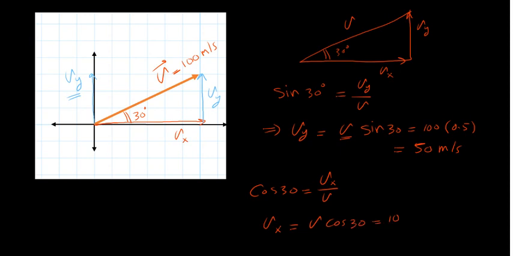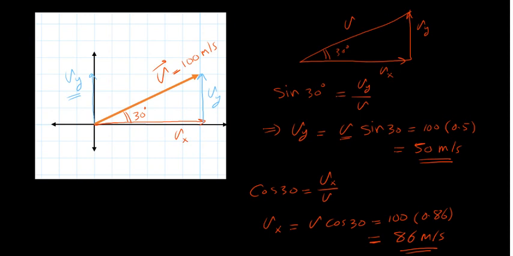Once again, it's 100 multiplied by 0.86, and that should give me, sorry, a second, let's calculate it quickly. Cosine 30 multiplied by 100, that will be 86 meters per second.